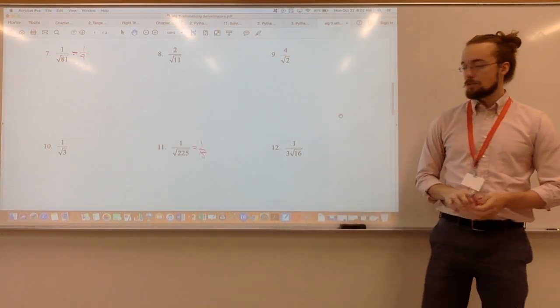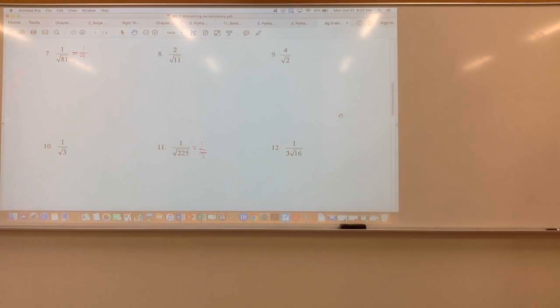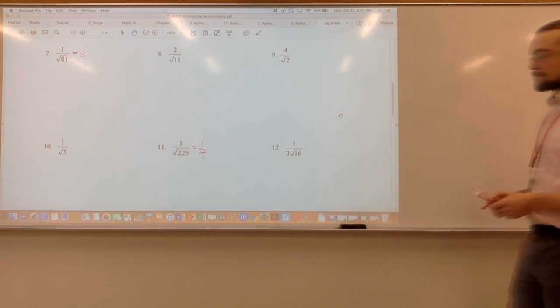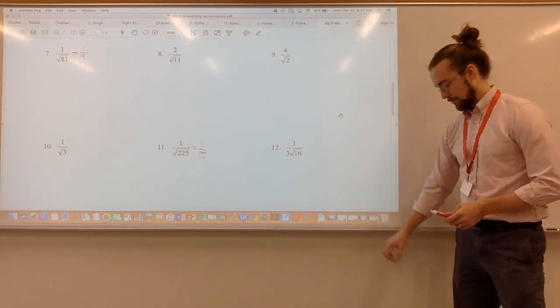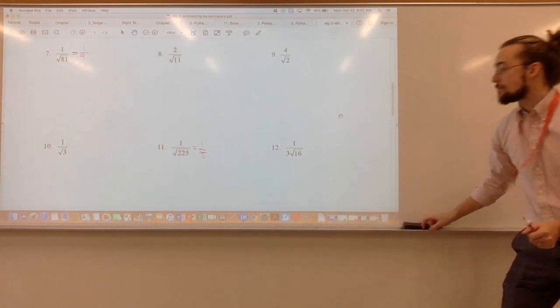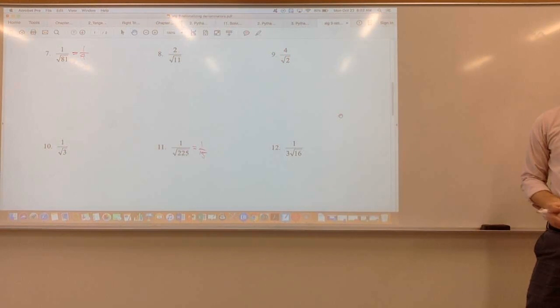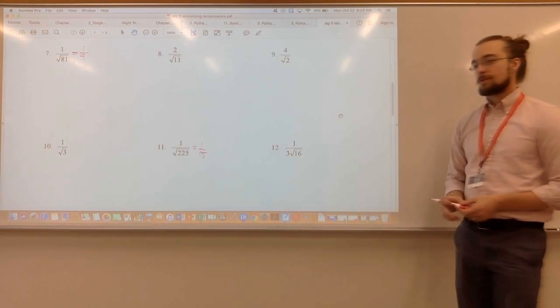But then I still have this radical 16 in the denominator. But I don't think you do that here.